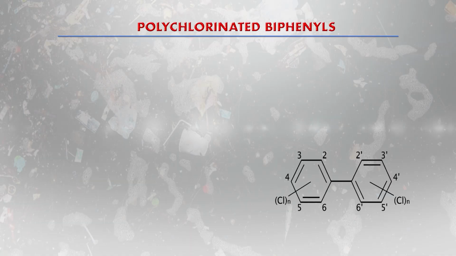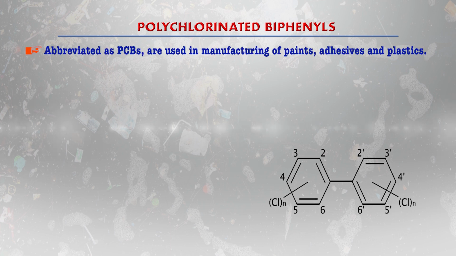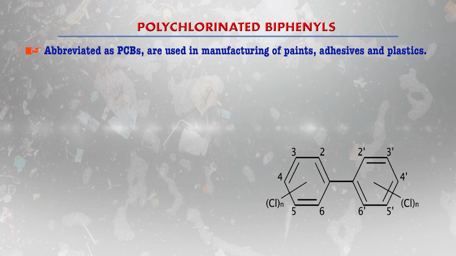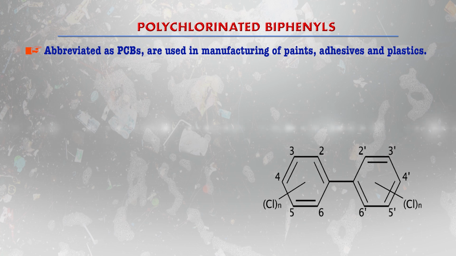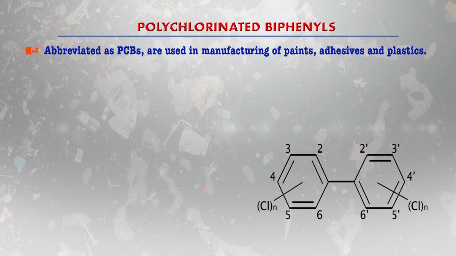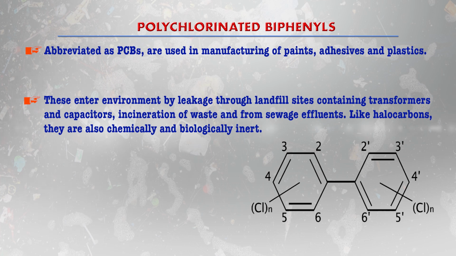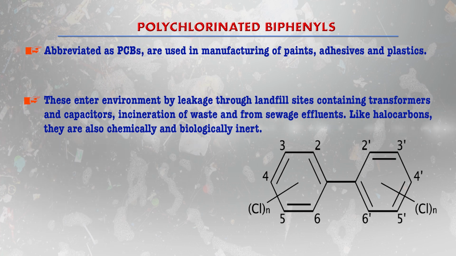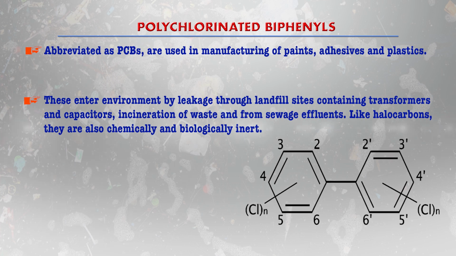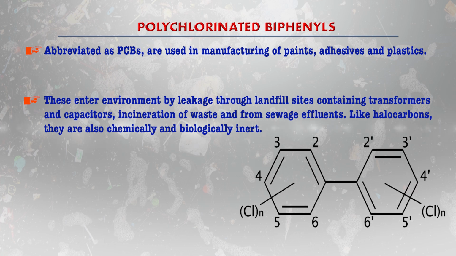Then the next category is polychlorinated biphenyls. So, these are abbreviated as PCBs, and they are used commonly in manufacturing of paints, adhesives and various plastics, and the major way the polychlorinated biphenyls enter the environment is by leakage through the landfill sites which contain the transformers and capacitors.